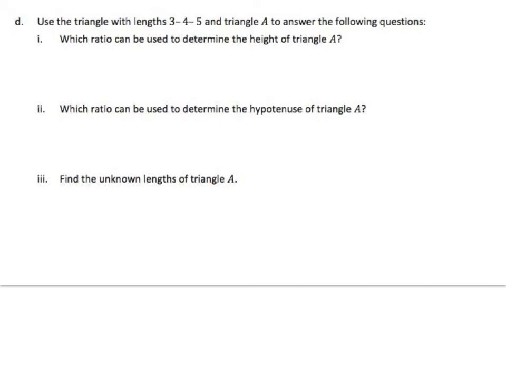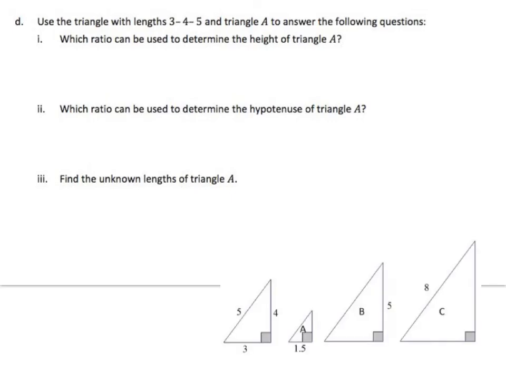Okay, use the triangle with lengths 3, 4, 5 and triangle A to answer the following questions. The first question says which ratio can be used to determine the height of triangle A. So the height is right here, which compares to this side right here, right? But they're looking for words for an answer.